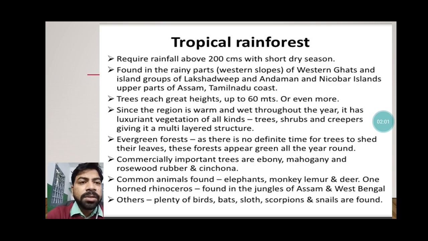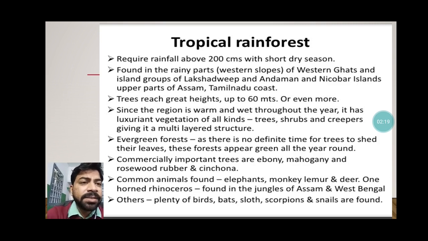It is found in the hot and humid region which receives heavy rainfall. In India, it is found in the Western Ghats, islands of Lakshadweep and Andaman and Nicobar Island, parts of Assam also, Tamil Nadu coast, etc.